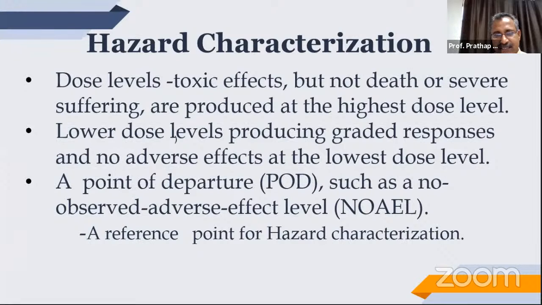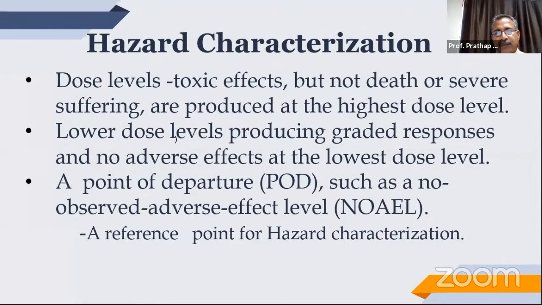Once that is decided, then lower dose levels producing graded responses and no adverse effect at the lowest level. That means first you find out the LD50, you normally do LD50, and slowly come down to where you are able to show the responses, but there is no severe effect, and finally come to the lowest level to cause these effects. And then you come to the point of departure.